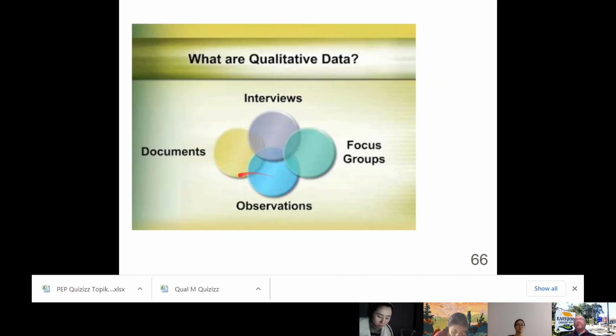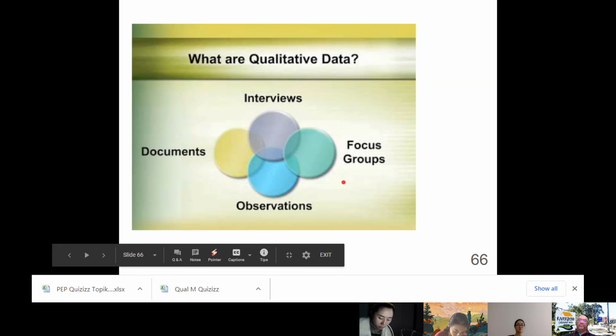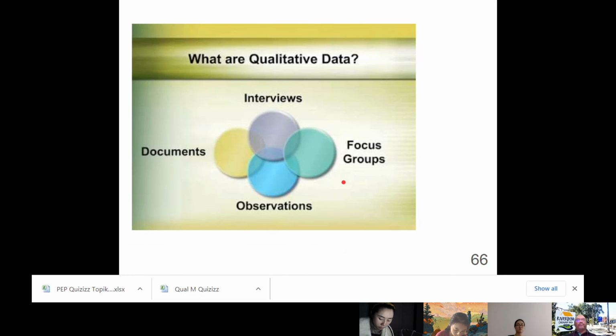You also have observation. For example, if you do ethnography, you go to see the culture of a tribal group. You go there and live with them for a few weeks.